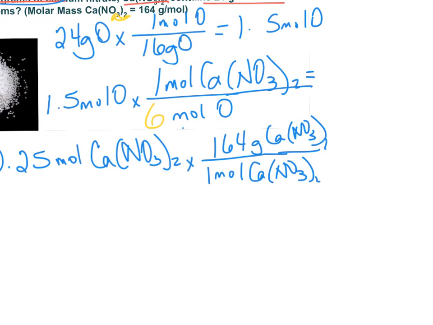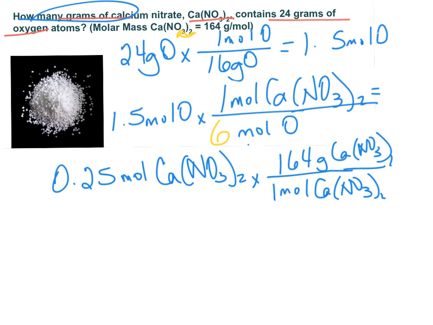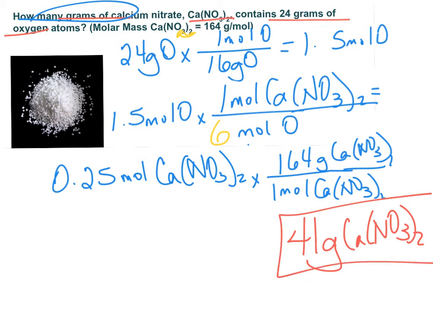And so take a second with your calculator and do 0.25 times 164. And you get that that is 41 grams of calcium nitrate. Okay.